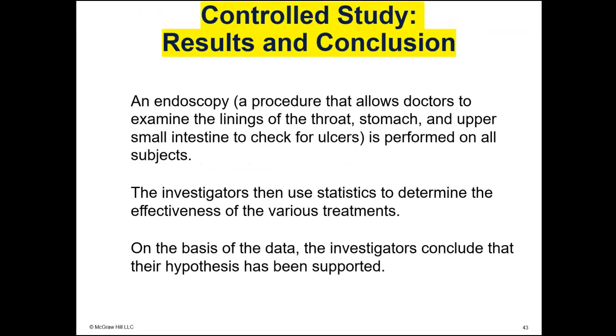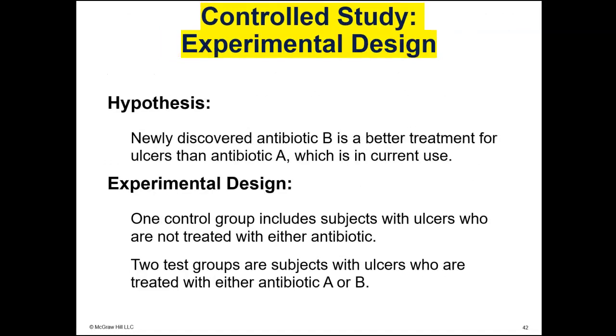And I think the only thing that we didn't talk about is that everything else besides the treatment has to be the same. So the test subjects have to be chosen randomly. They all have to have ulcers. You can't just pick test subjects who don't have ulcers. So they're all going to get an endoscopy prior to the experiment to show that they have ulcers.